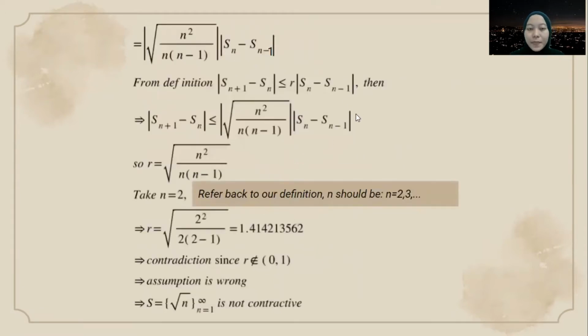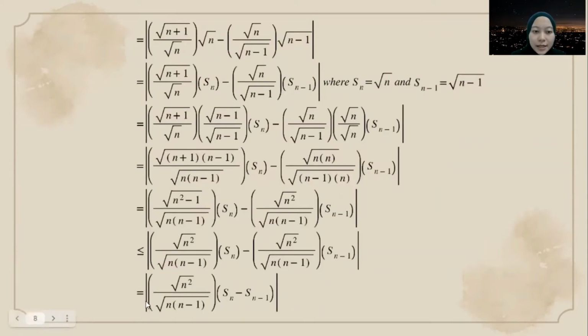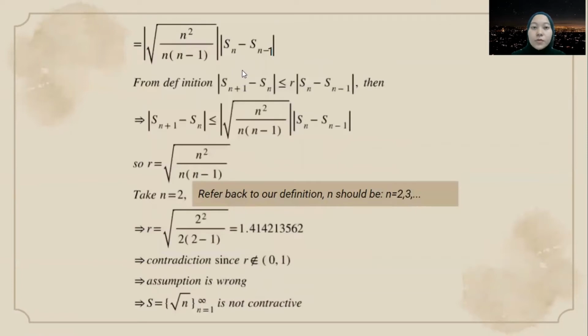And then, as we can see in this line, we put root n squared over root n times n minus 1 times S_n minus S_{n-1} in the same modulus. And it is also equivalent to in modulus root n squared over n times n minus 1 times modulus S_n minus S_{n-1}.